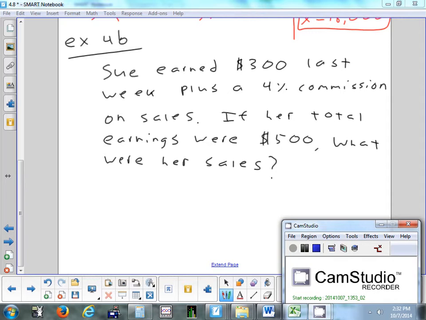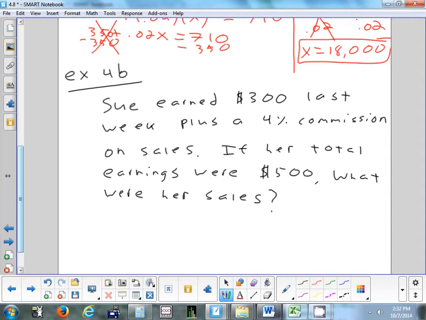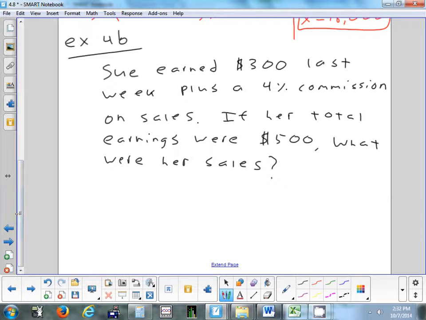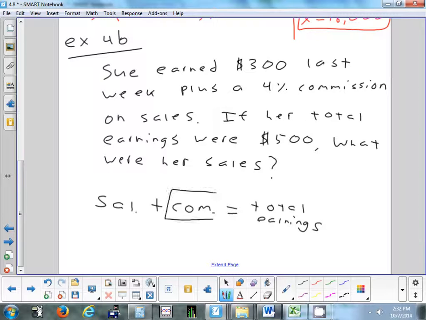Okay, first thing you need to do, anytime you have one of these problems, look up your formula. Okay, we already got it right above. Salary plus commission equals total earnings. Next thing you have to do, look at what you need to calculate. Okay, commission is the one thing here that you need to figure out.